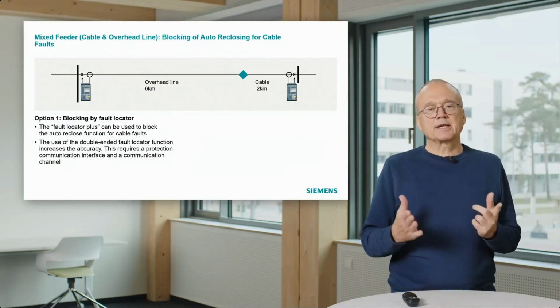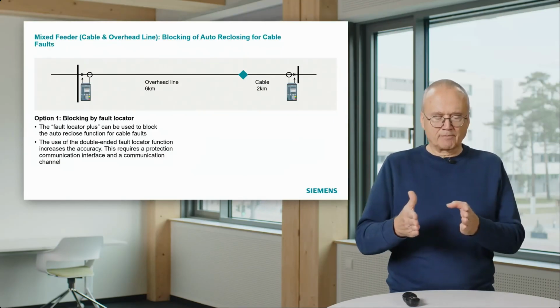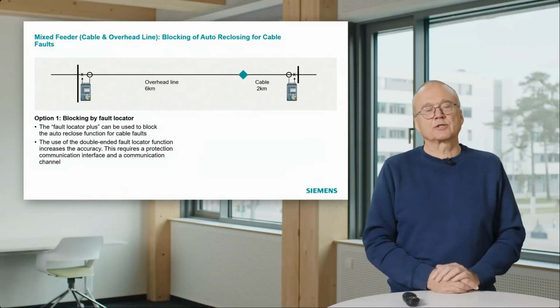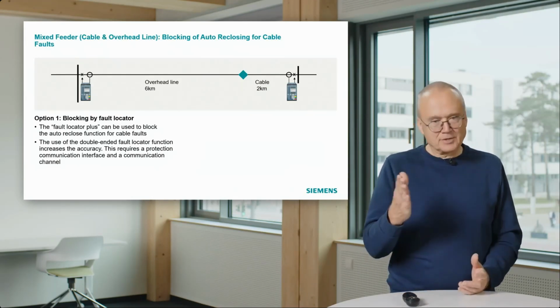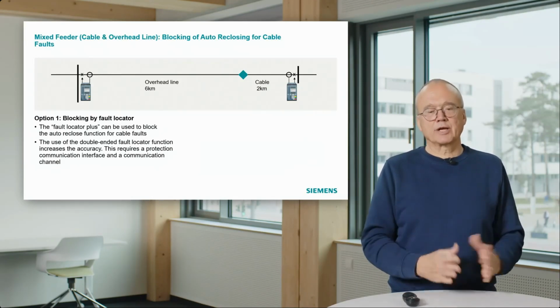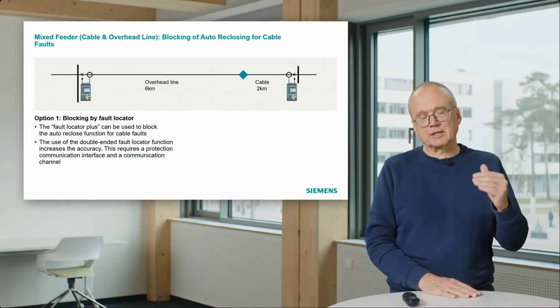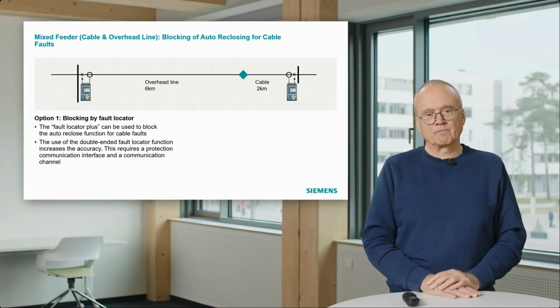One feature is it can take into account a line which consists of several sections with several parameters. That is the case here: we have two sections with individual parameters, so you can set the line data for different sections individually.